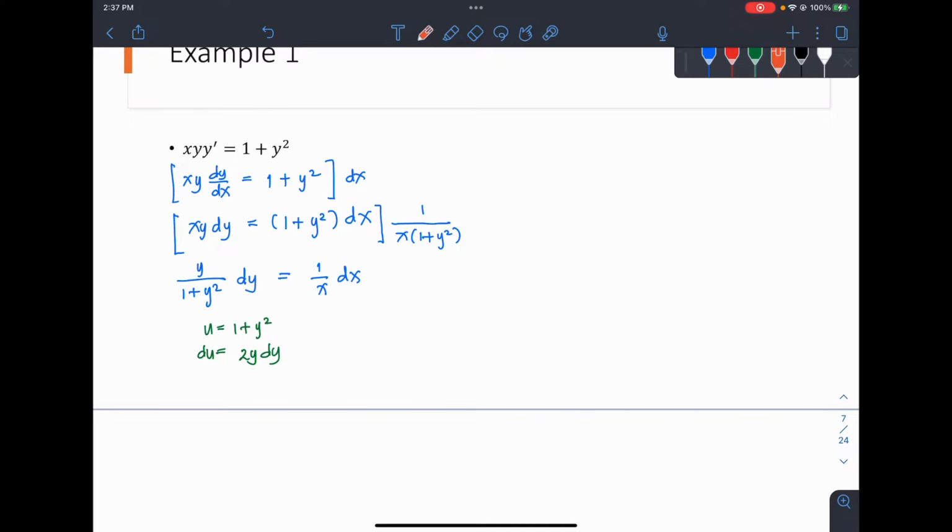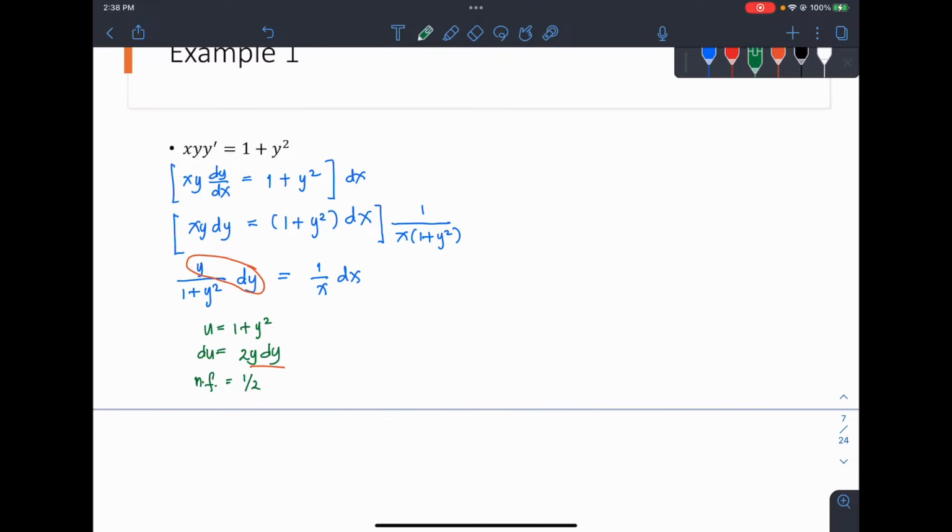But remember that the numerator is y dy, so we are in excess of 2 in comparison to the given. Thus we neutralize it with a neutralizing factor of 1/2.